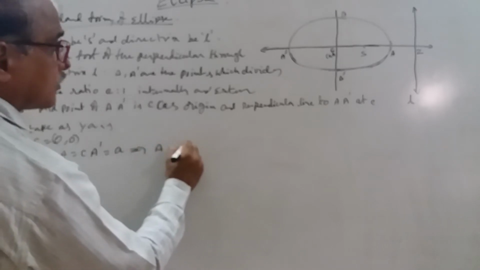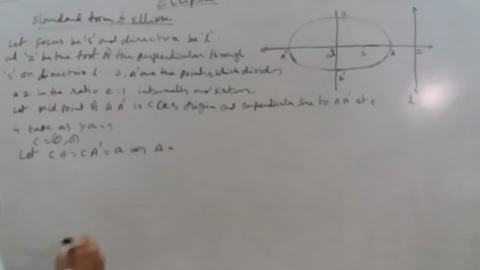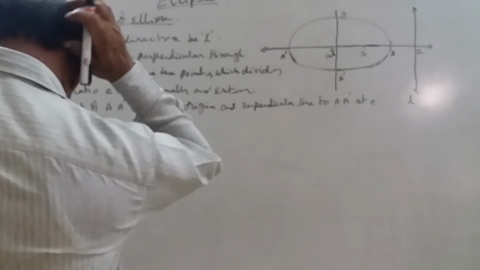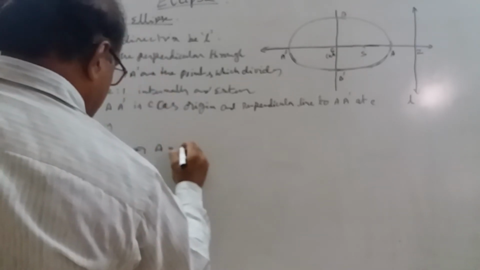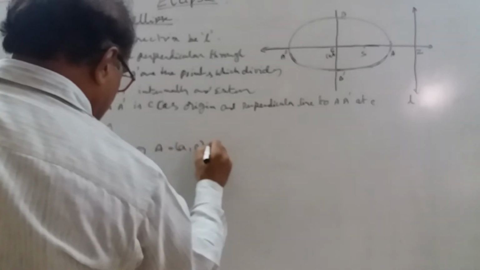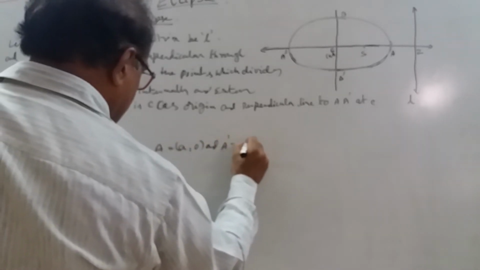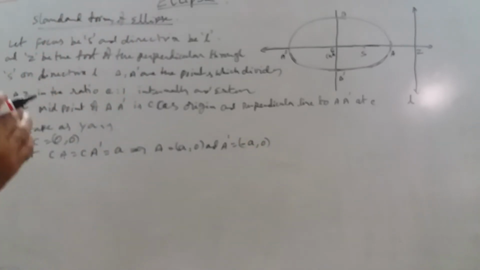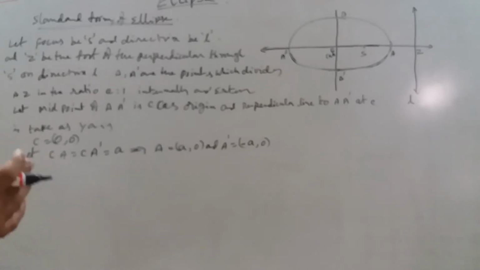Then A is equal to a comma 0 and A dash is equal to minus a comma 0. Since 0 comma 0 are the coordinates of C, and let CA be equal to a and CA dash be equal to minus a, then the coordinates of A are a comma 0 and A dash is minus a comma 0.